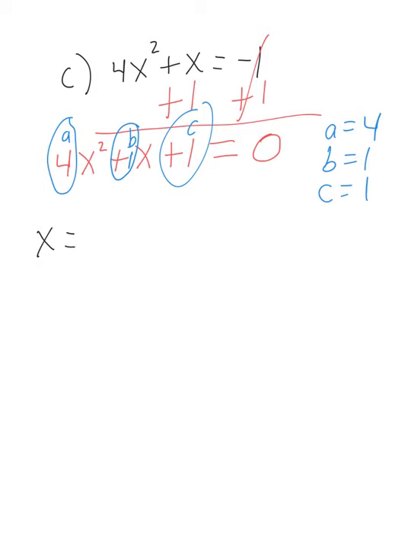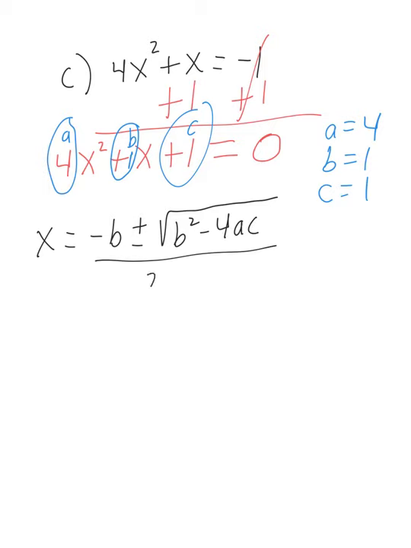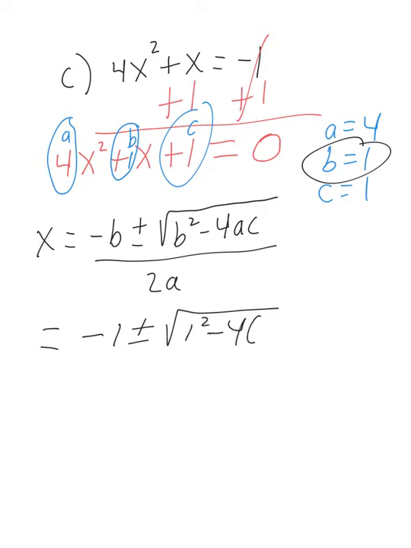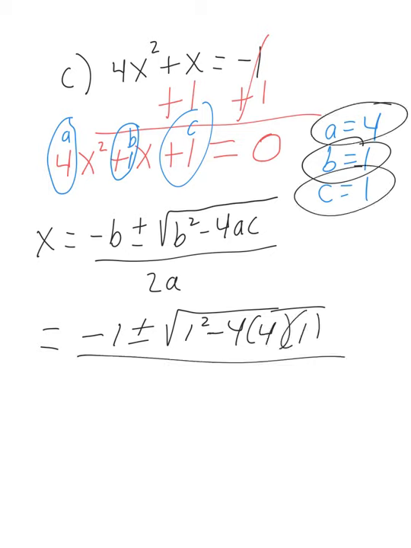Keep in mind it's still negative B plus or minus the square root of B squared minus 4AC all over 2 times A. So that's negative, B is 1 this time, plus or minus the square root of B squared, so that's 1 squared, minus 4 times A is 4 times C is 1. All over 2 times A was 4.